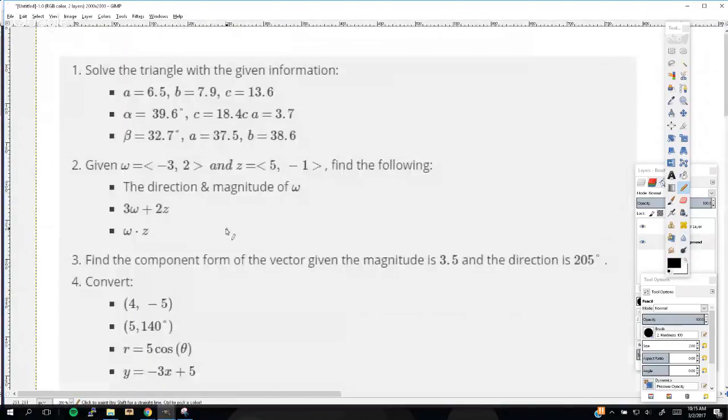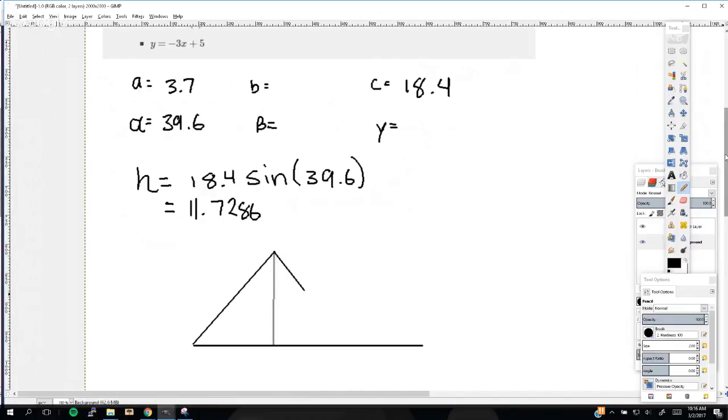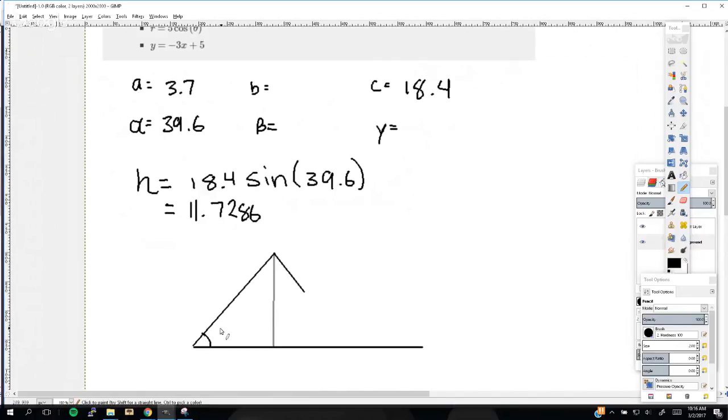Okay, so I'm just going to draw out the triangle. I got this side is 39.6, this side is 18.4, and this side is 3.7.